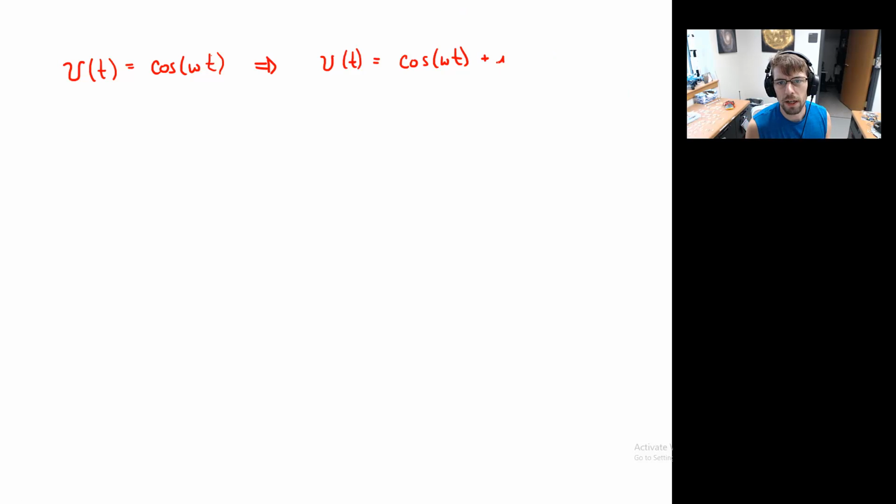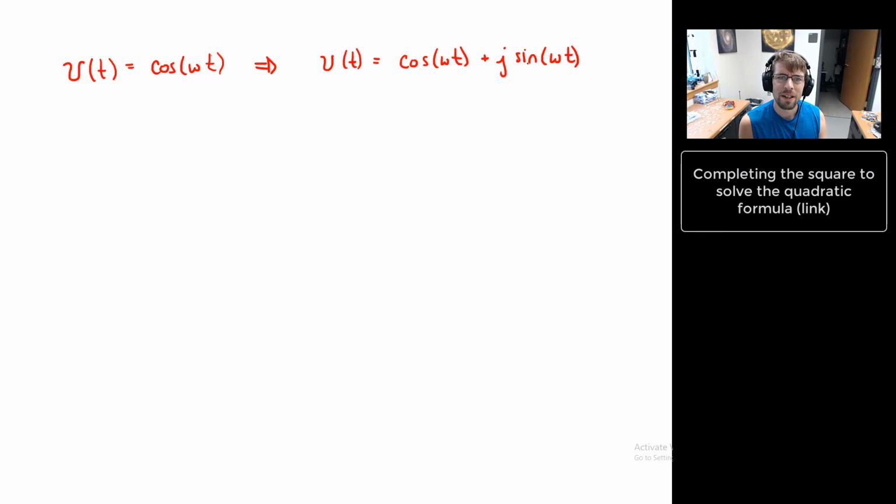So it's kind of add it in, make your life easy, and then remove it later. This reminds me of that technique of completing the square. You have some expression, you add in an extra piece to complete the square, and you subtract that piece off as well at the same time. It kind of reminds me of that.